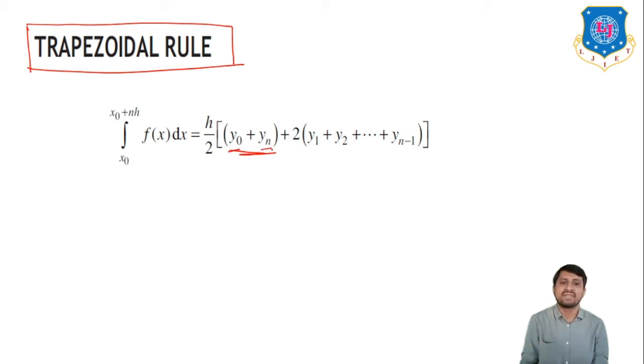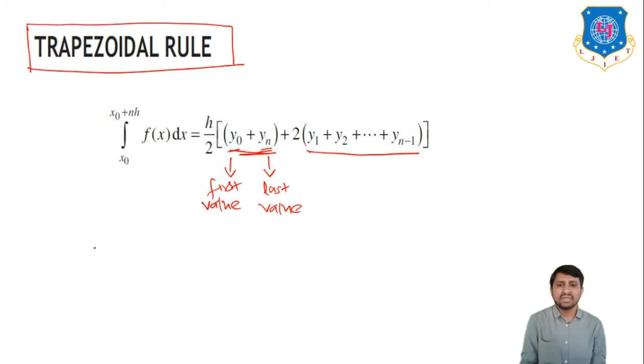Don't forget, first value and last value, and all other values between y0 and yn go inside the bracket with a factor of 2.